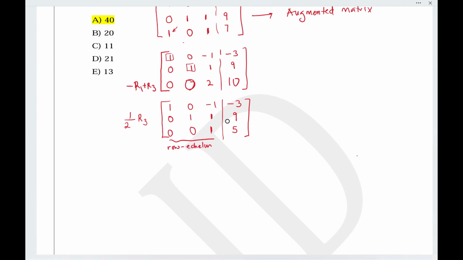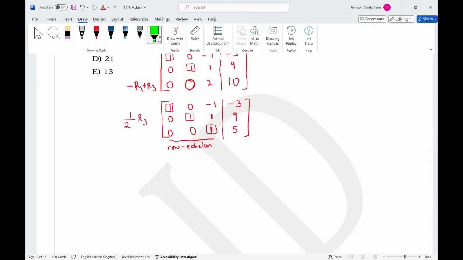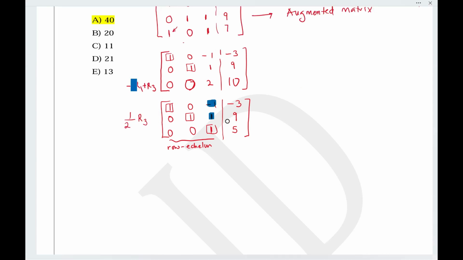Let's continue so that we just use Gauss-Jordan, since in question number 4, we used Gaussian elimination. So it means that this is 1, this is 1, this is 1. So these two numbers have to go to 0. Just like here, we have to take this one to 0. Right?